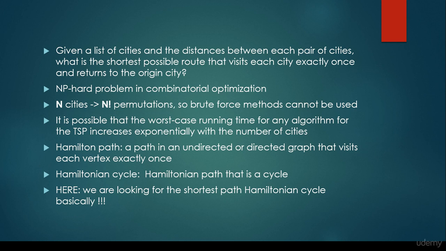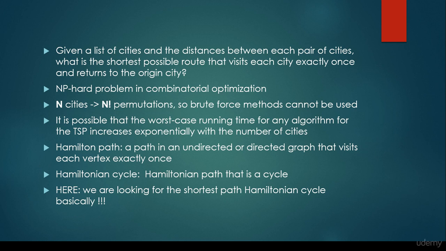The Hamiltonian cycle is a bit more difficult because it is a Hamiltonian path that is a cycle, so the starting vertex and the end vertex are the same. For the traveling salesman problem, it is very similar to the Hamiltonian cycle, but here we are looking for the shortest path Hamiltonian cycle, basically.